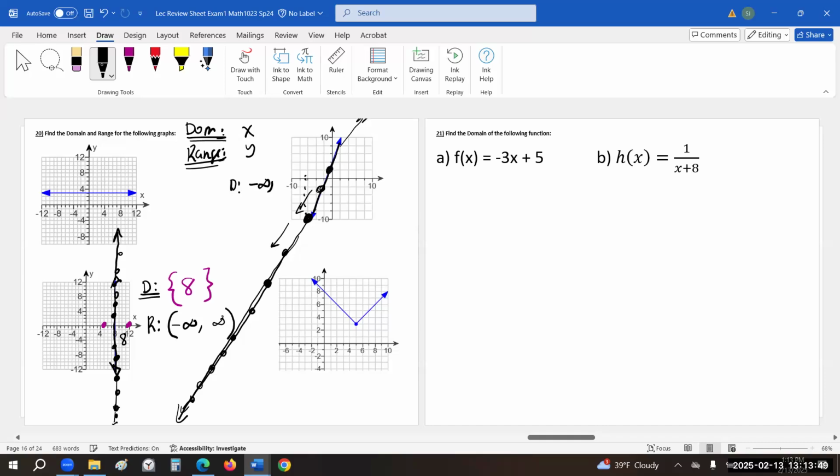So we have a point here. We have another point here. We have another point here. We have another point here. So as the line is moving forward, we have points everywhere. So what is happening to the x values when the line is going upward? They are getting bigger and bigger and bigger. So our domain is from negative infinity to positive infinity.